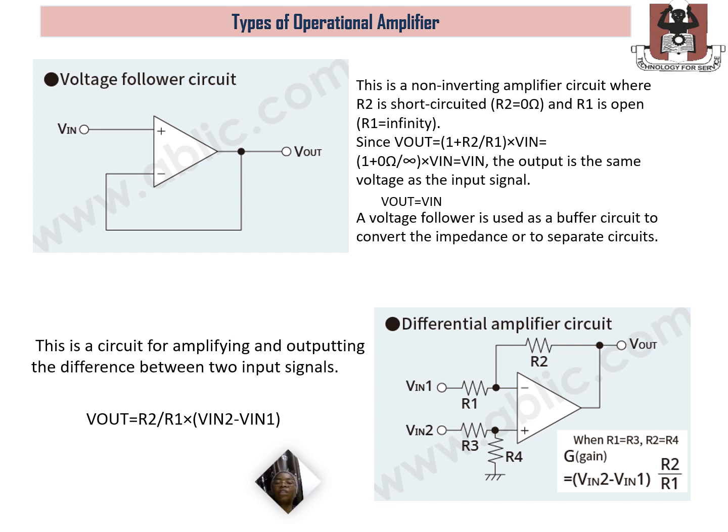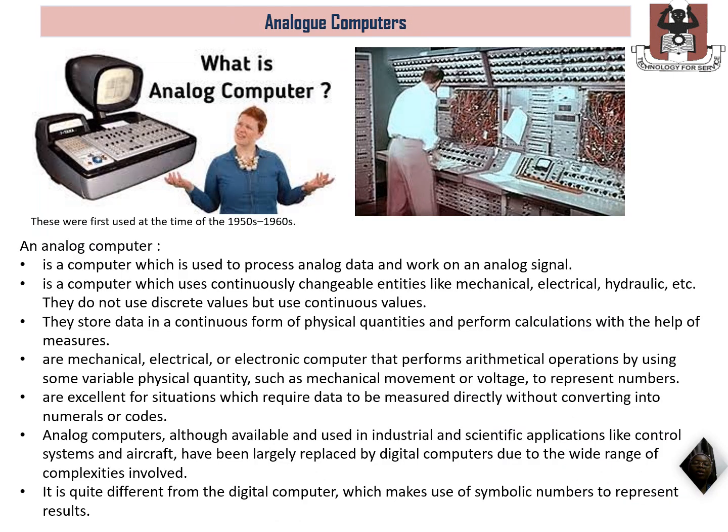A voltage follower is used as a buffer circuit to convert the impedance or to separate circuits. Then you have the differential amplifier circuit. They are used for amplifying and outputting the difference between two input signals. An analog computer is used to process analog data and work on an analog signal.